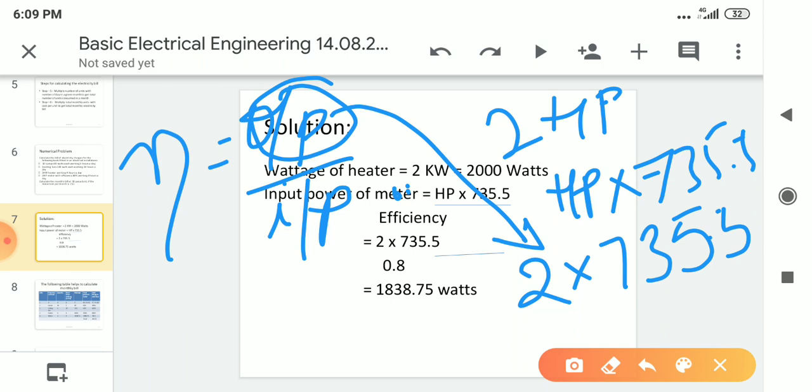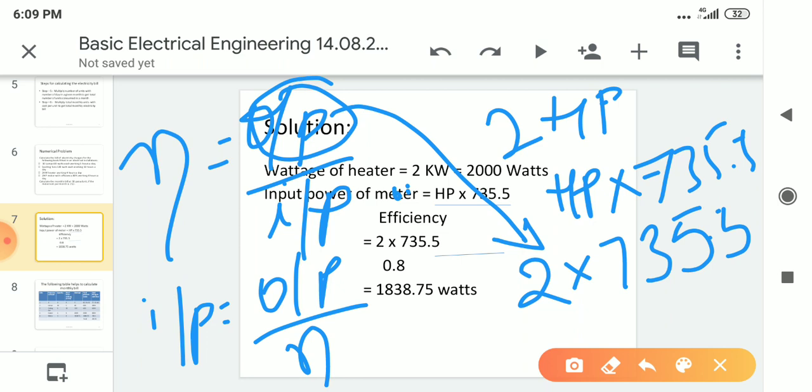Our input of the motor is equal to output by efficiency. Output is 2 into 735.5, by efficiency 0.8. By solving this we get 1838 watts.